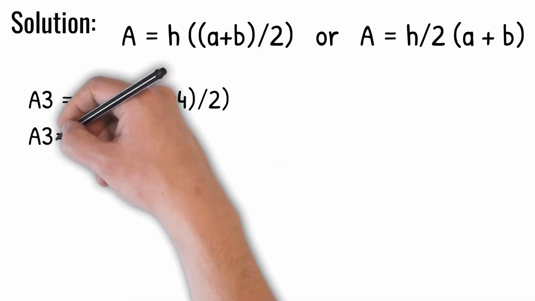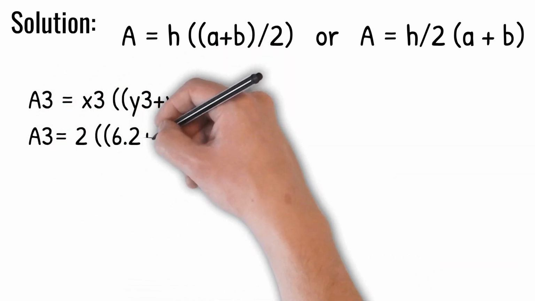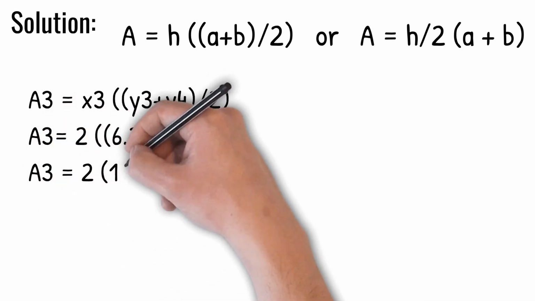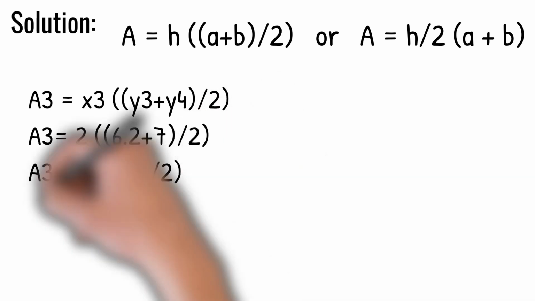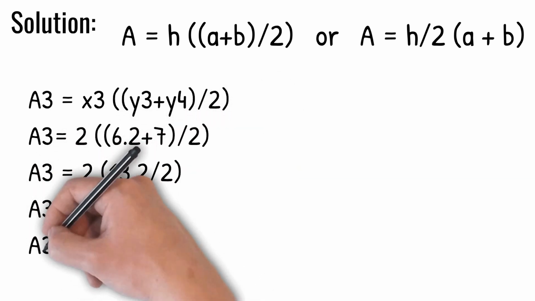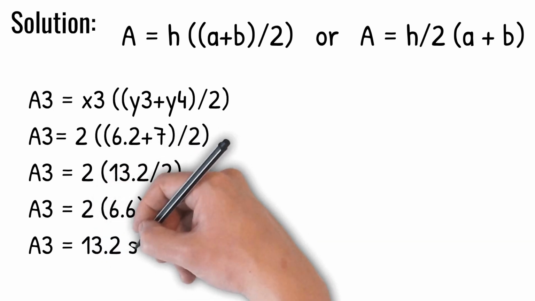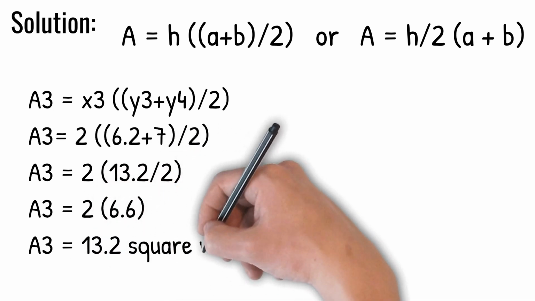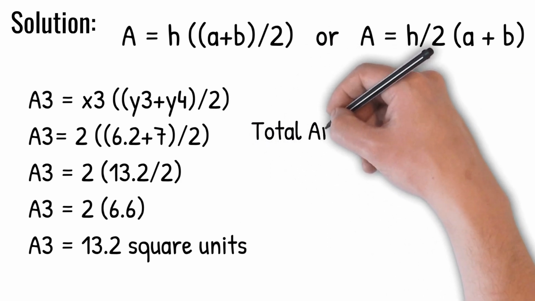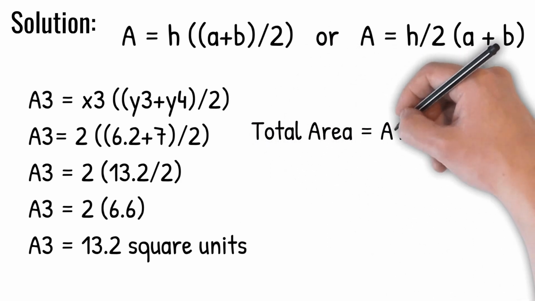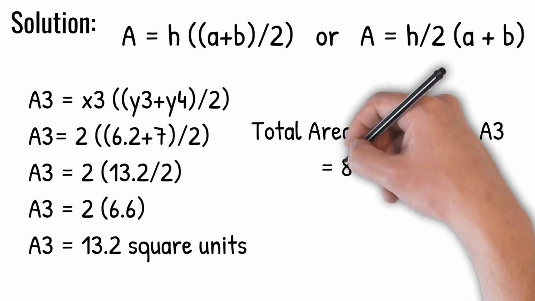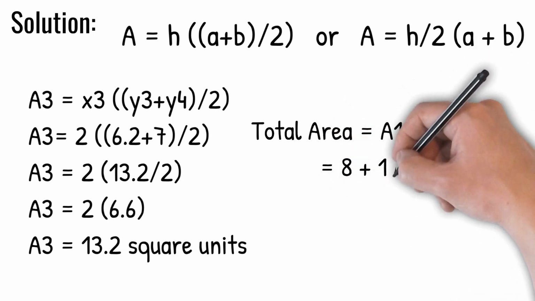Here is the solution using the formula for Area 3. Then take the sum of A1, A2, and A3. The result will be the total area in square units.